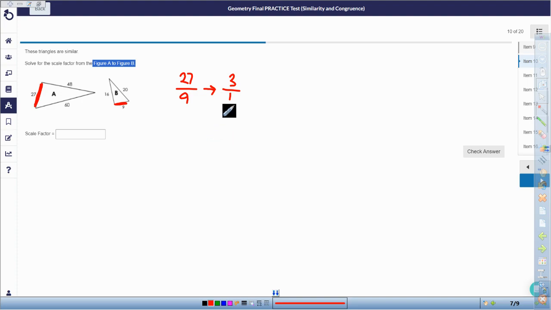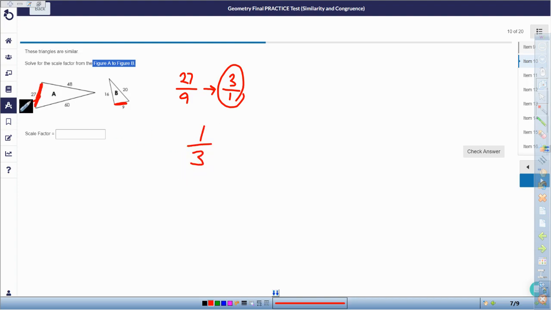Here's the thing to realize. 3 is not what this big triangle is being multiplied by to get the small triangle. It's actually the other way around. The small triangle is being multiplied by 3 to get the big one. So what we can do is just take that ratio and flip it, and it'll give us the scale factor from A to B. So actually 1/3.